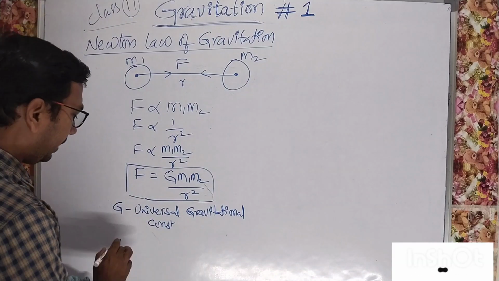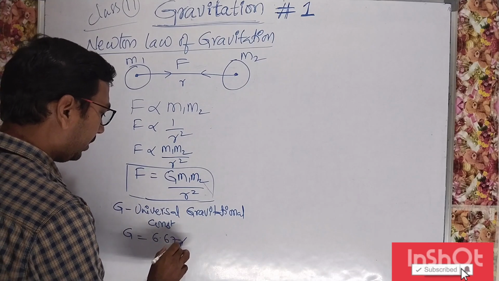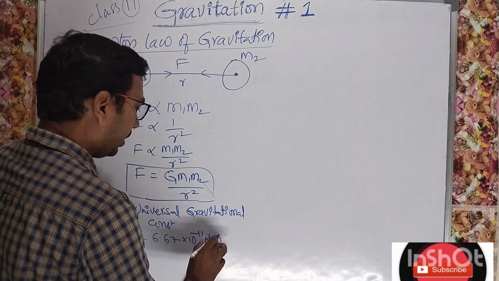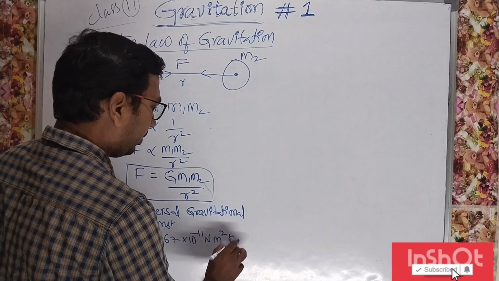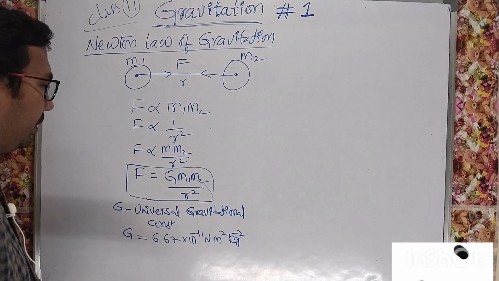The value of G is 6.67 into 10 to the power of minus 11 Newton meter square kg minus 2. So this is the value of G.